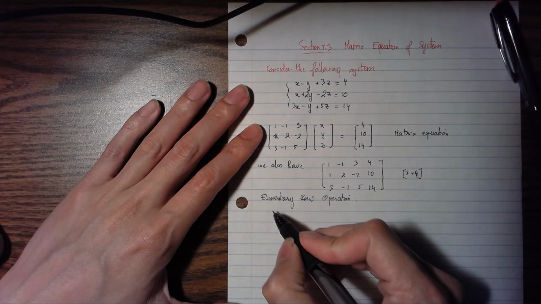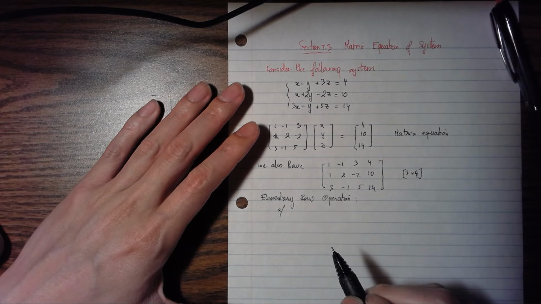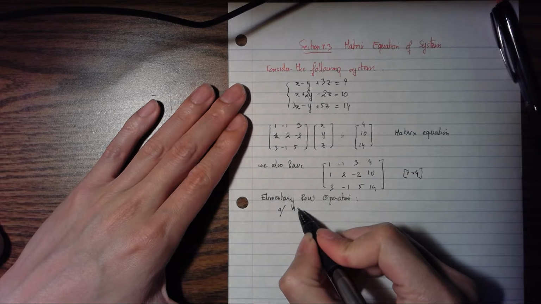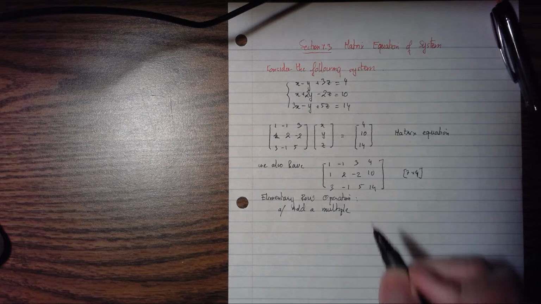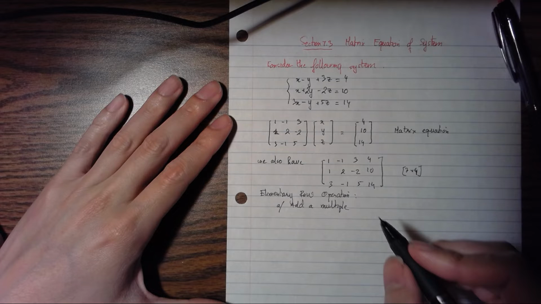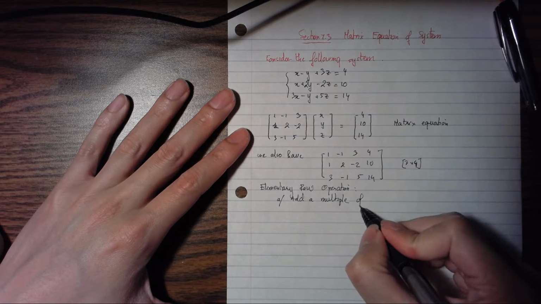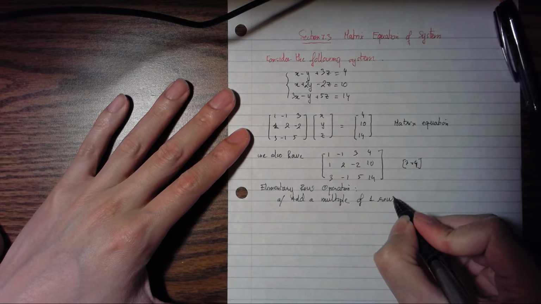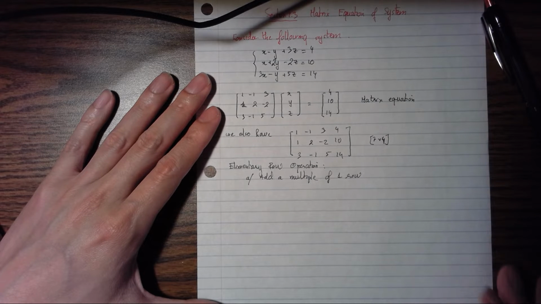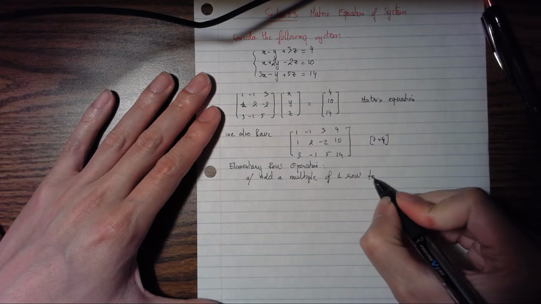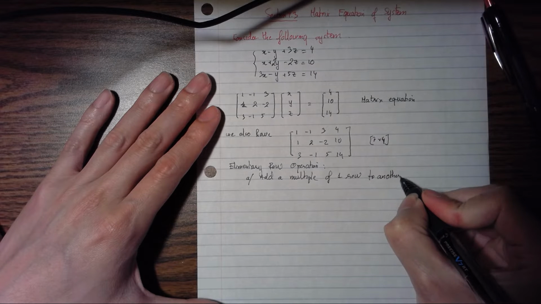The first one is to add a multiple of one row to another. Okay.